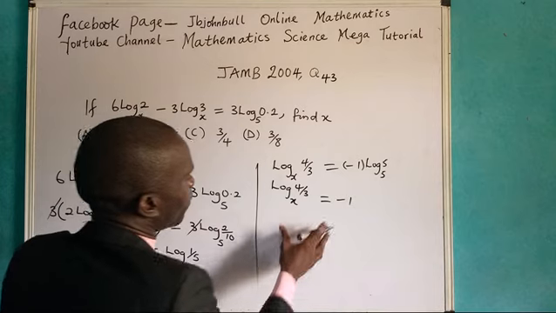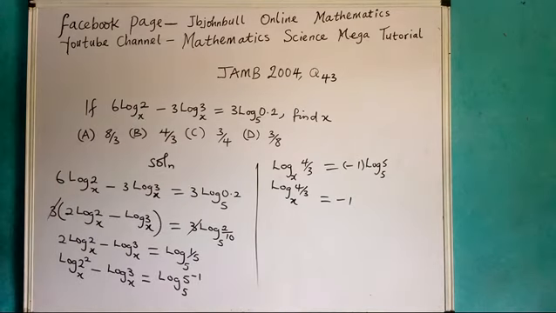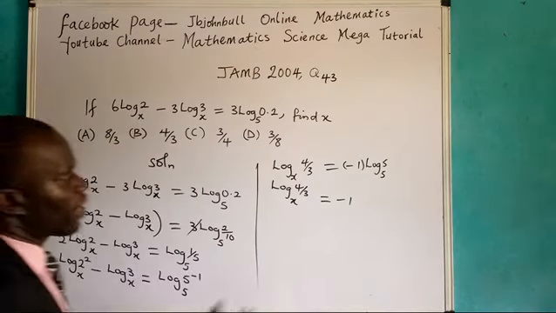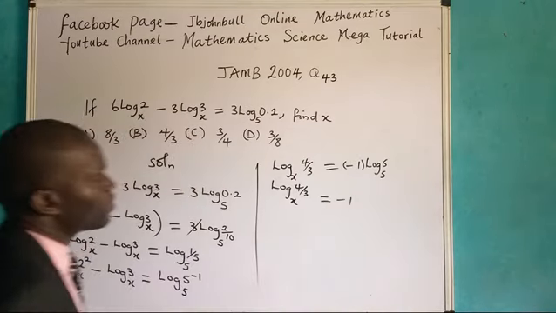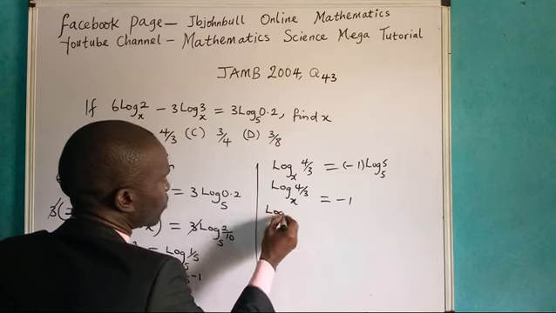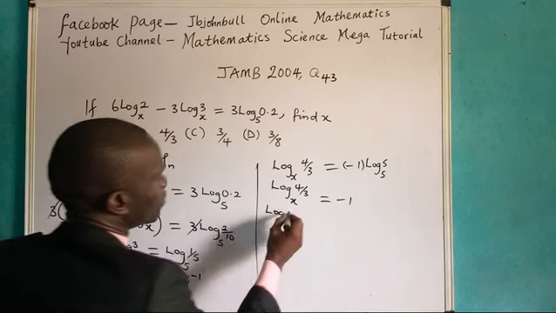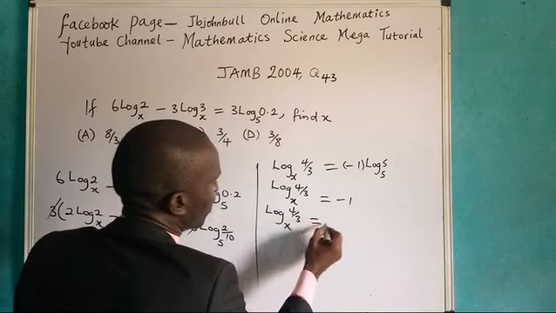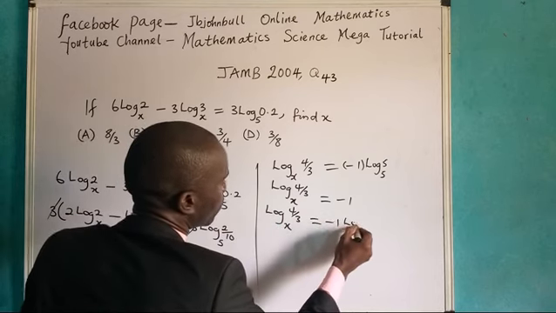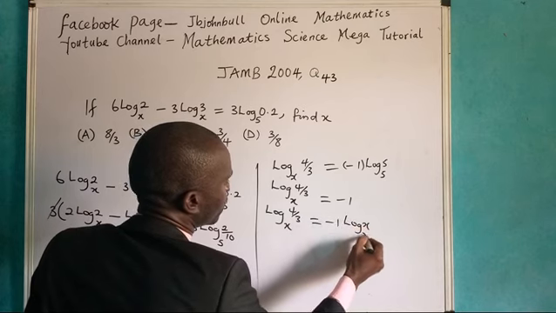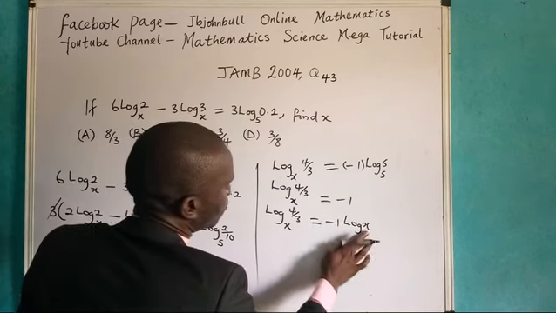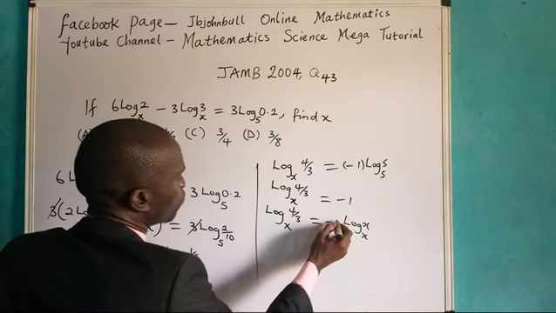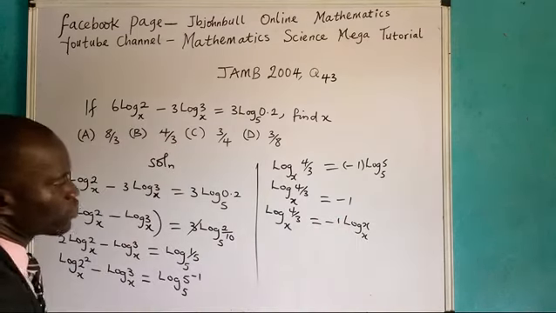We now have another logarithmic equation, which means I need to equalize it. I need to have the log of base s on the other side. The only way to do that is to consider the base I have here, which is s. I will now have on the other side minus 1 log s, and the minus 1 at the back needs to move to the top.